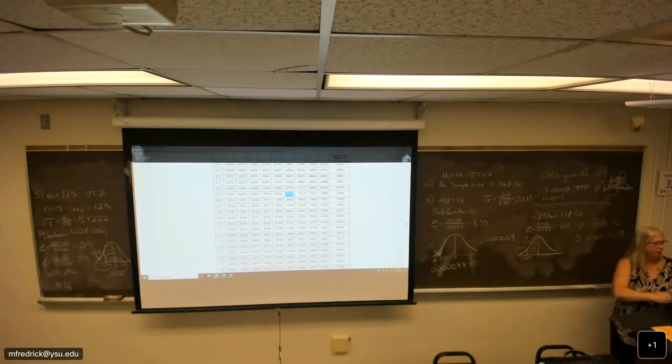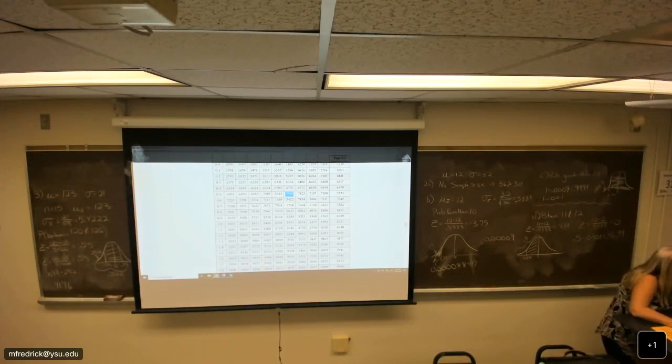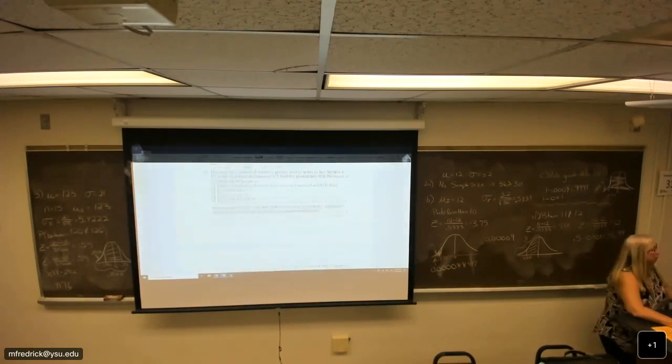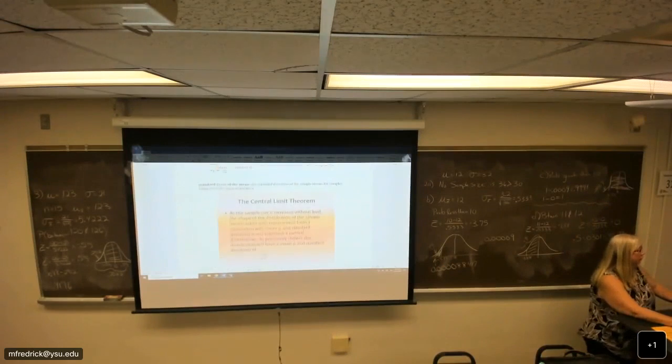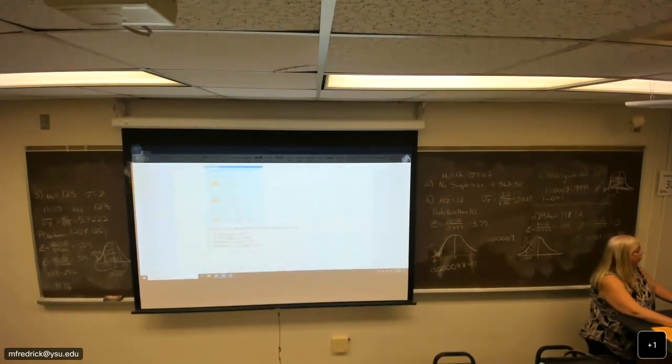I had put all the steps, but I think it's easier to just graph it and think about it rather than trying to remember things. Here it is.